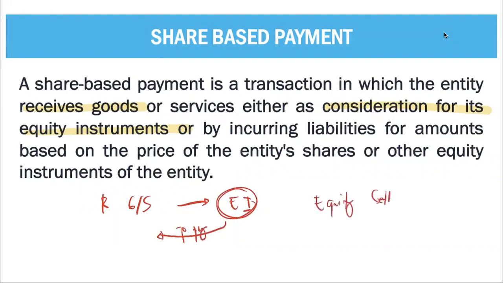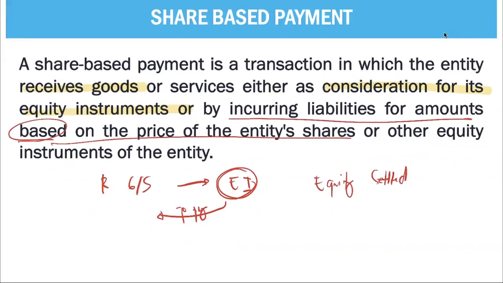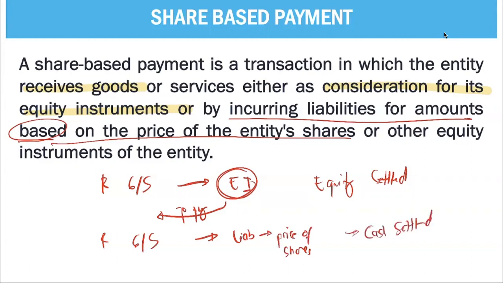This is your equity settled. Or by incurring liabilities for amounts based on the price of the entity's shares. So you receive goods or services and you incur a liability that is indexed on the price of your shares. We call this one cash settled.